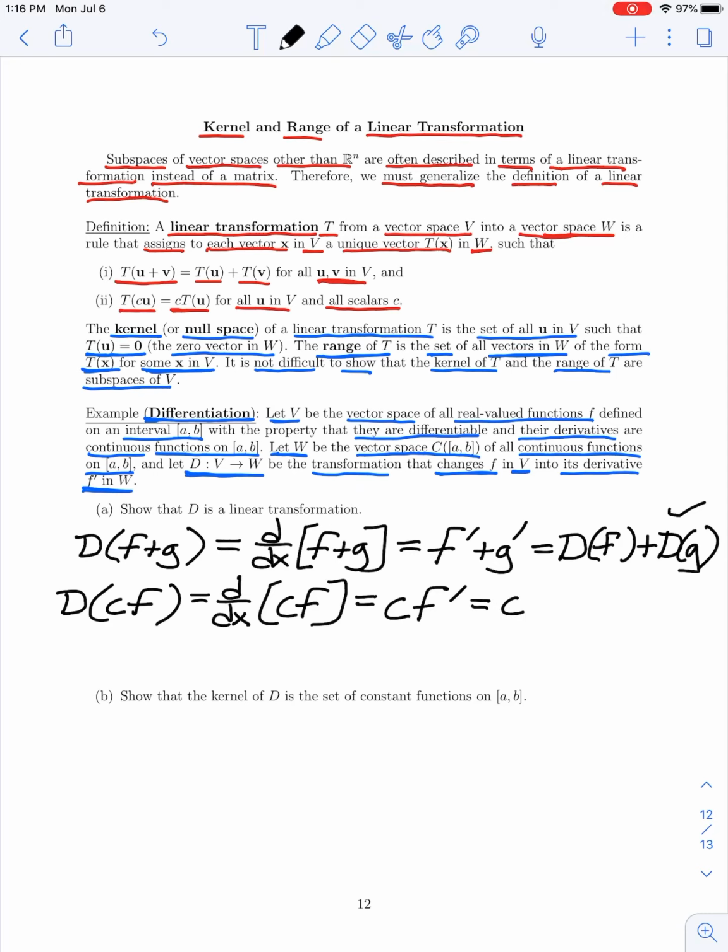So that is c times f prime, which is c times the image of f under this differentiation transformation D. So since both of these conditions hold, we see that D is a linear transformation.